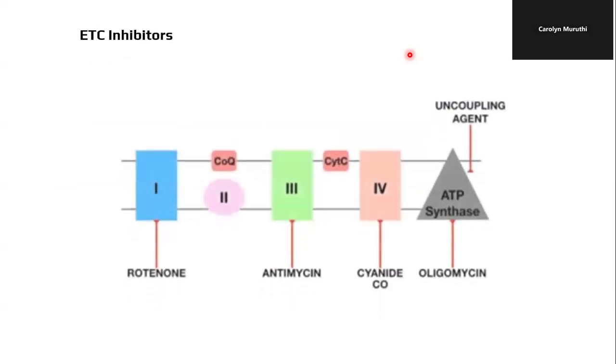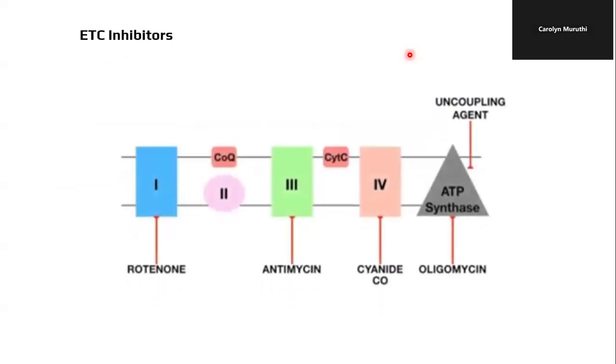It is important to note that there are other inhibitors of the electron transport chain or oxidative phosphorylation. One, we have rotenone. Rotenone is a plant-derived insecticide and it blocks the transfer of electrons at complex 1, and therefore there's no pumping of hydrogen ions or protons.